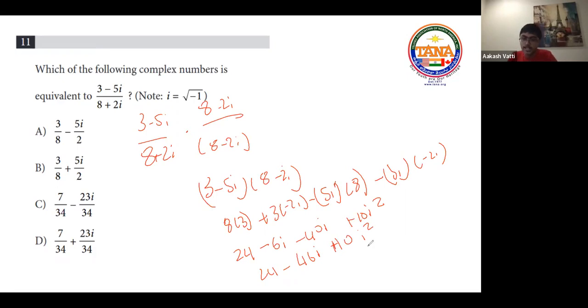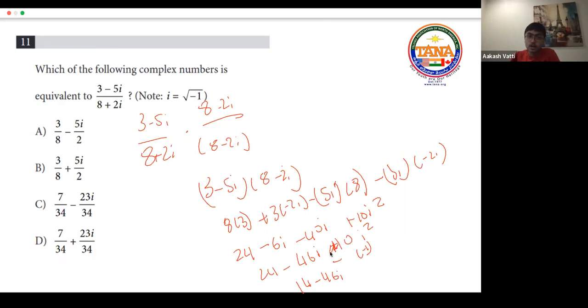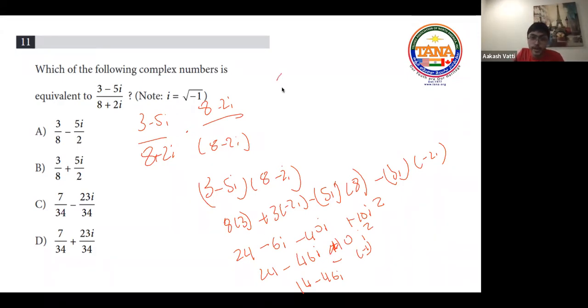But you remember i squared is -1, so this becomes minus 10. And when you combine your like terms, you get 14 minus 46i. And now for the denominator, 8 plus 2i times 8 minus 2i, that's just 68. Because when you multiply them all, you get 68.